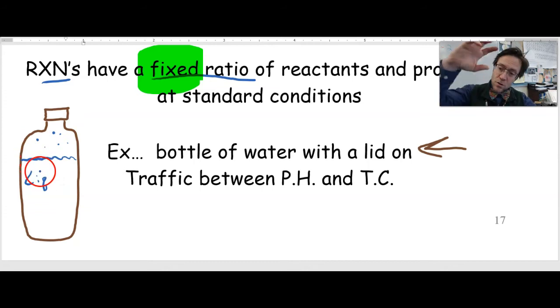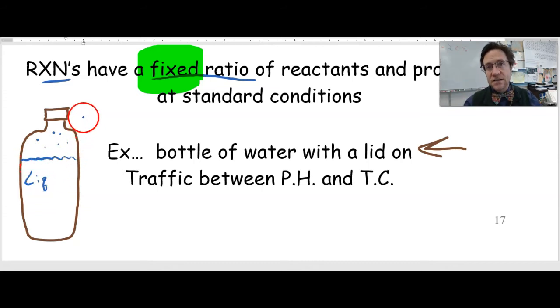When you close it, the reason why all the water doesn't evaporate out is because as the water particles evaporate, they're stuck inside there until the water vapor reaches a concentration and is locked. Because as many particles are evaporating, particles are condensing.